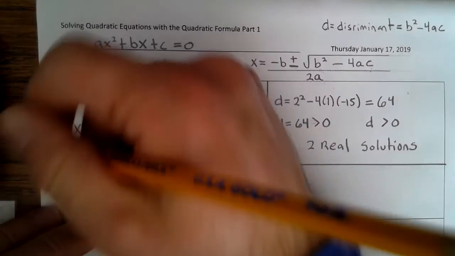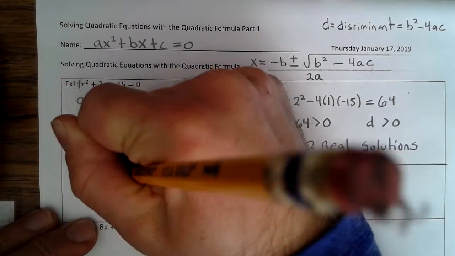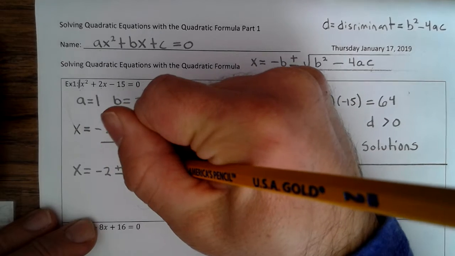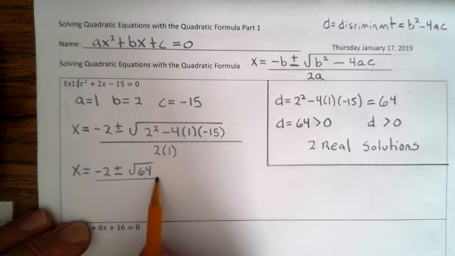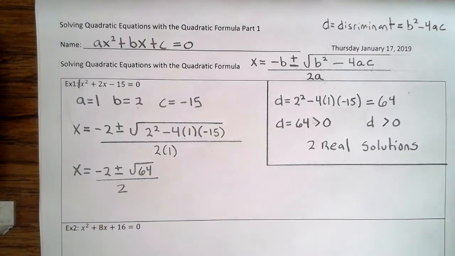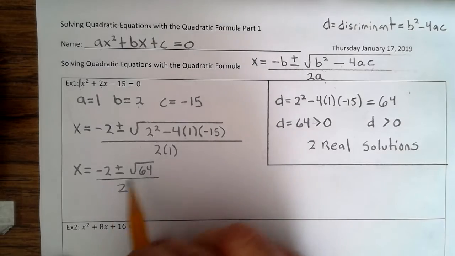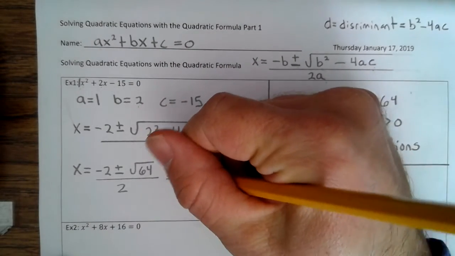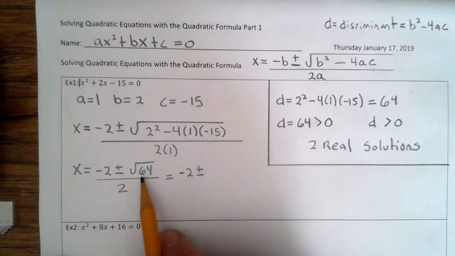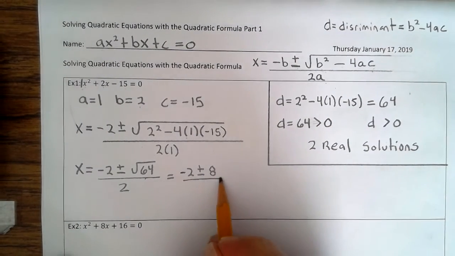So then we have x equals negative 2 plus or minus the square root of 64, because we just found that number, divided by 2. We continue to simplify. So that is negative 2 plus or minus the square root of 64, which is 8, divided by 2.